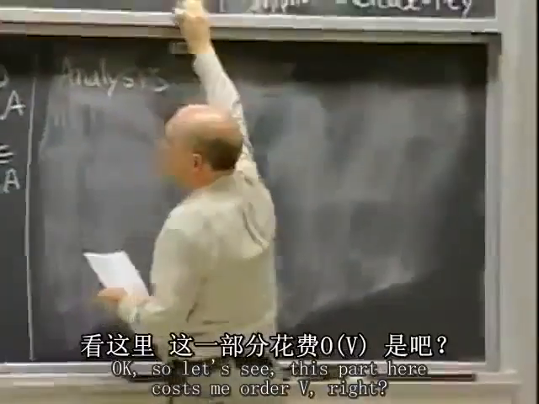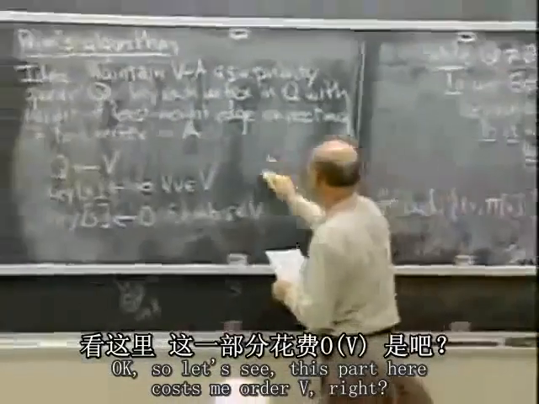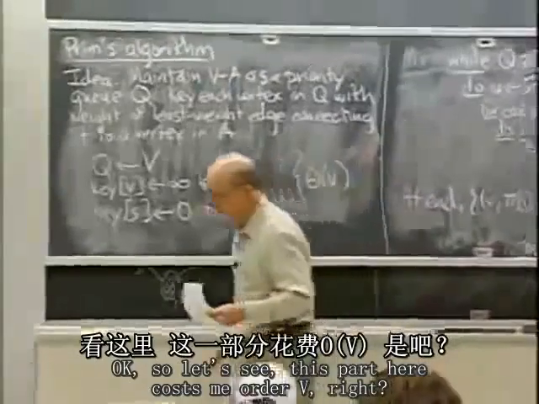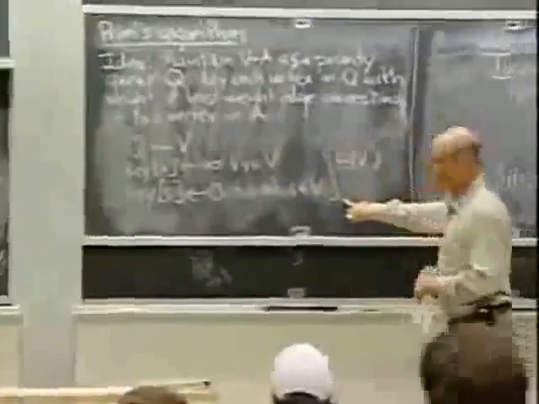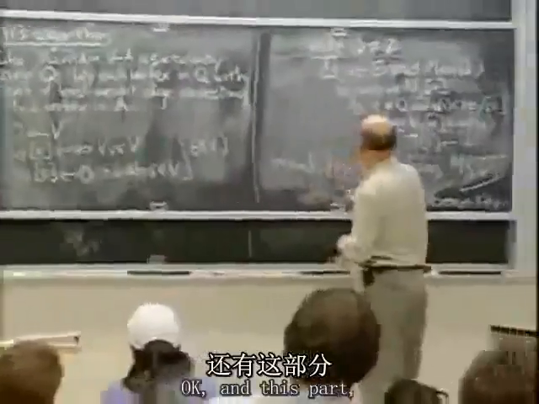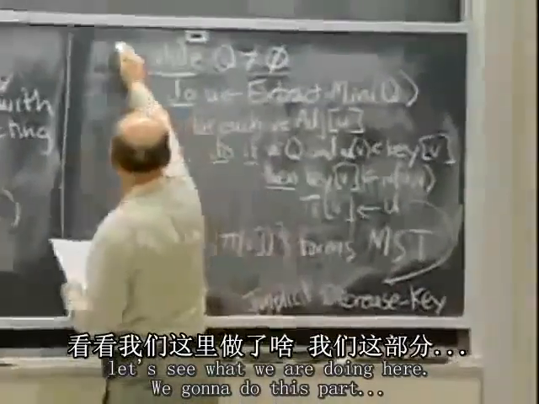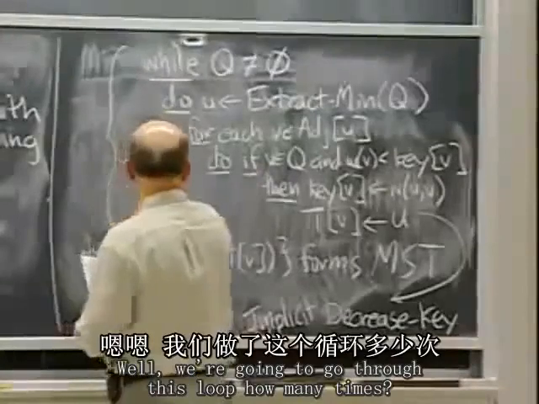So let's see. This part here costs me order V. Then this part, let's see what we're doing here. We're going to go through this loop how many times?